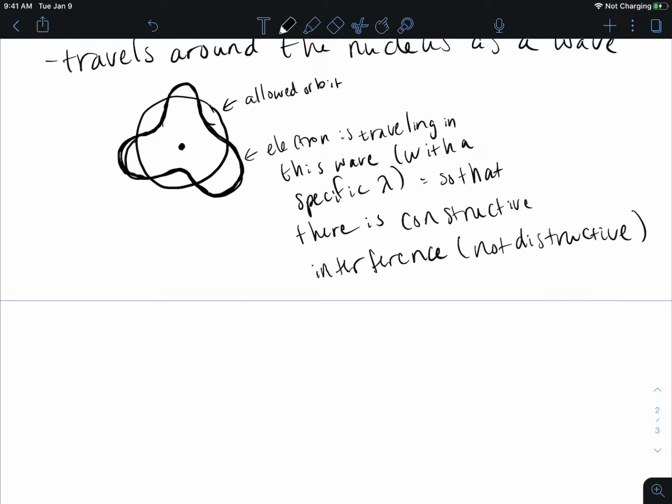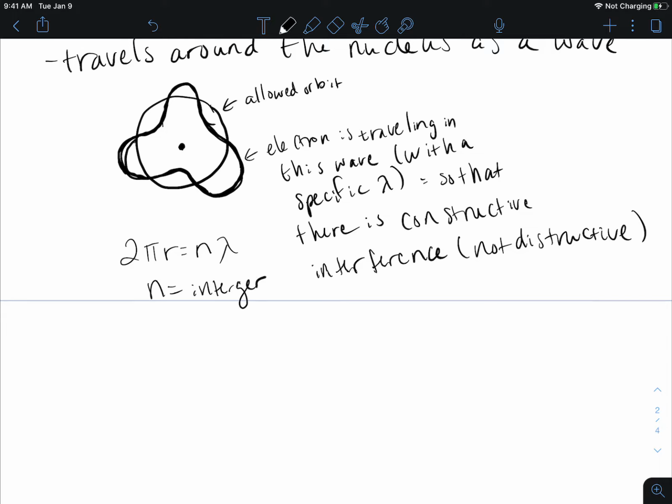So again, this is how he's able to describe why the electron does not spiral into the nucleus, because it has a specific wavelength traveling around the nucleus. So in order for this to occur, we have 2πr equal to nλ, where our n is the principal quantum number, so it is an integer.